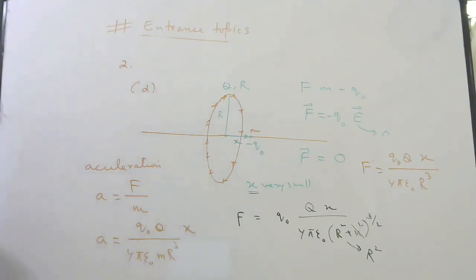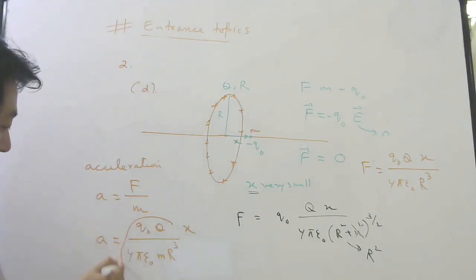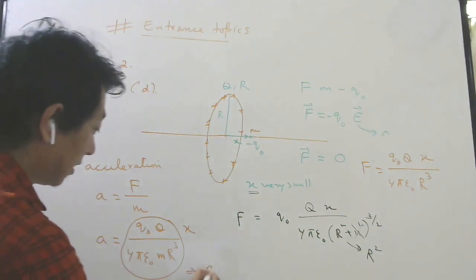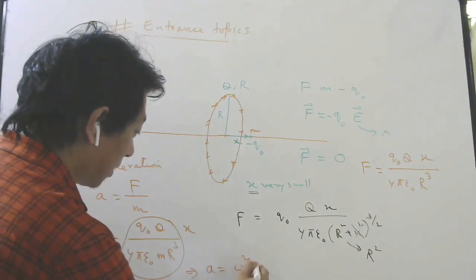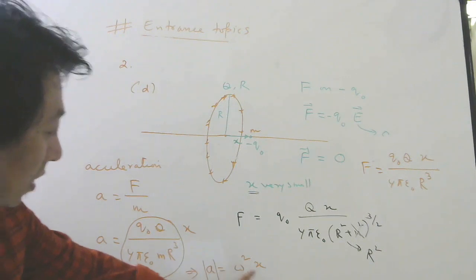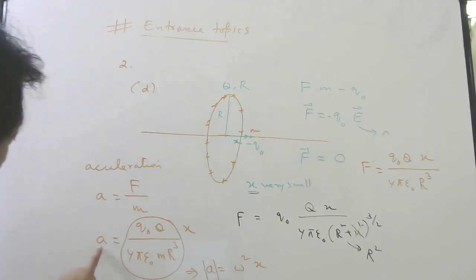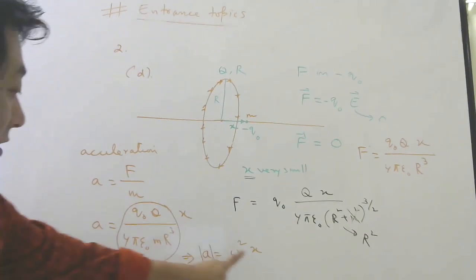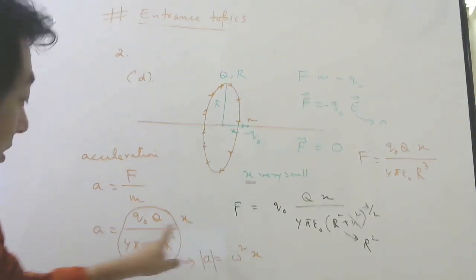And you can see, students, that this is constant. That means if I compare this with our formula of simple harmonic motion, a equal to omega square x. Minus is there, but I am writing magnitude. So omega square x. Then what will be your omega square? See, acceleration, this is x, this is x. So what will be your omega square? This quantity.